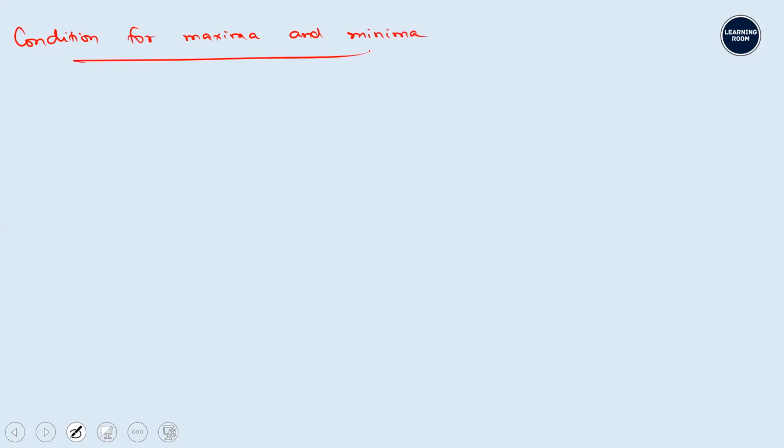Suppose I have a light wave whose displacement is represented by the equation y1 is equal to, let's say, a1 sin omega 1t. Listen to this, then you can write. And y2 is equal to a2 sin of omega 2t plus phi.